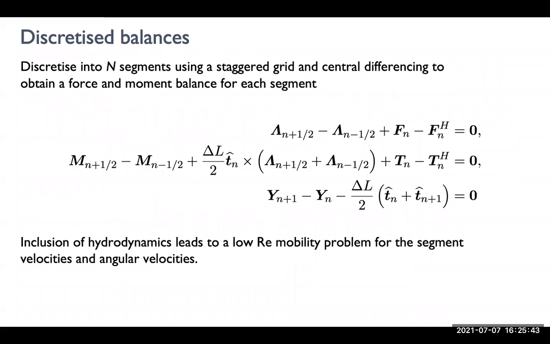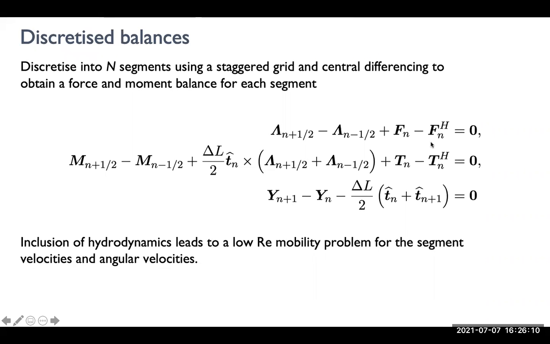Okay. So with that force and moment balance, the first thing we do is discretize, turning our force and moment per unit length balances into a force and moment balance for each segment. And we discretize our kinematic constraints for each segment as well.